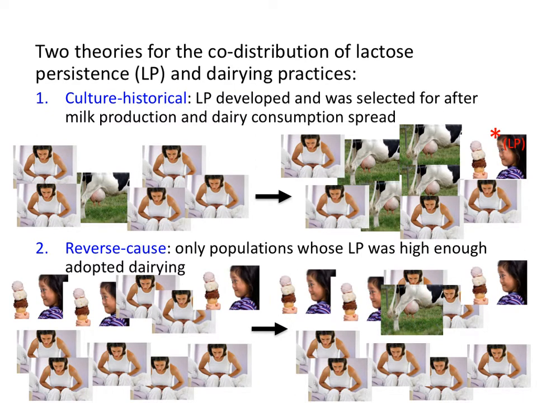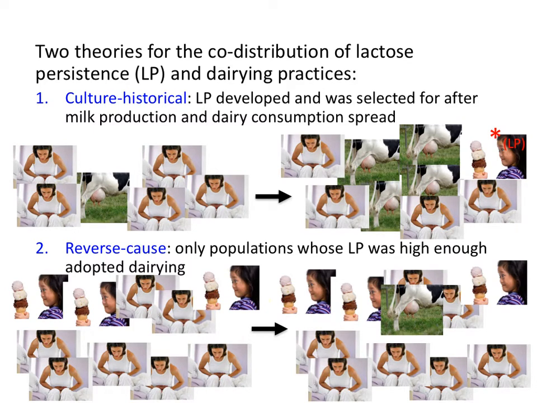So you have the mutation first, and it's in the populations of humans where people are already naturally lactose tolerant as adults that you see the cultural practices emerge. That explains why they started milking cattle and sheep and goats and whatever, because they already had those mutations that let them digest that resource as adults.